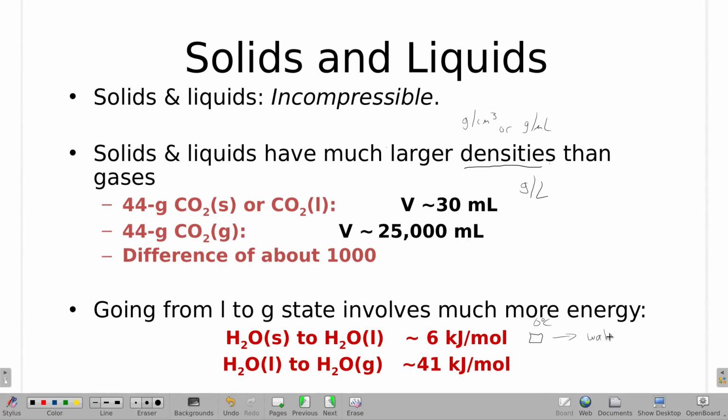Water could exist at 0 degrees Celsius. Well, it takes some energy to change that ice cube into water, and that's roughly 6 kilojoules per mole. But to go from water to steam, both at 100 degrees, requires almost 7 times the energy. And regardless of the substance, pretty much every substance, it's much, much more to go from liquid to gas than it is to go from solid to liquid.